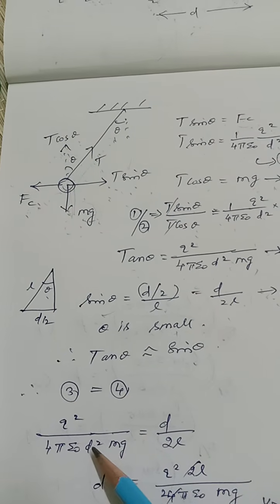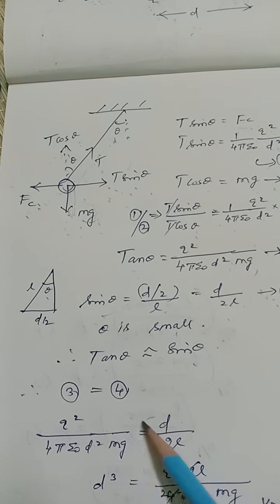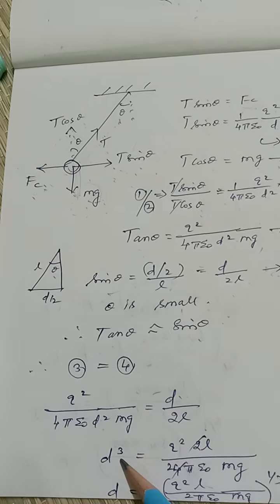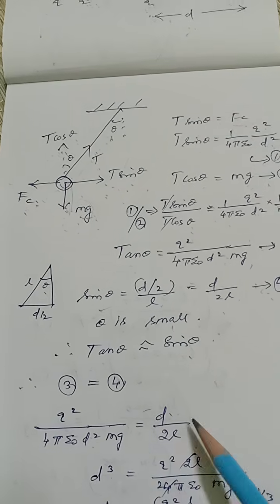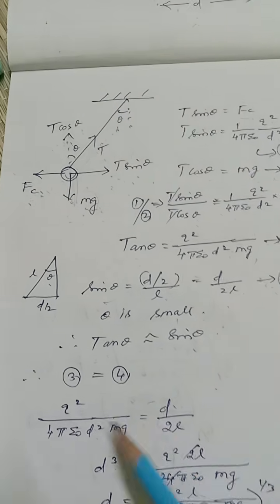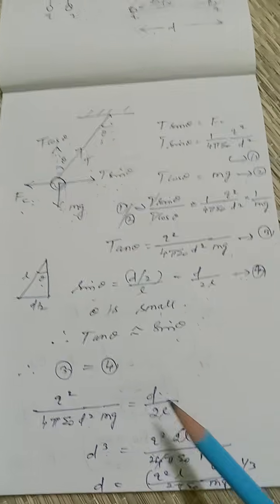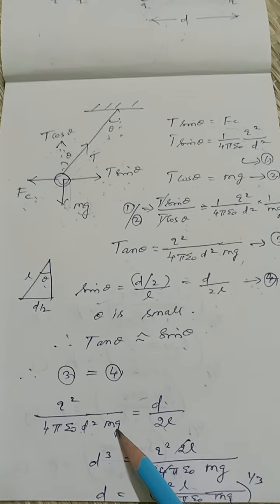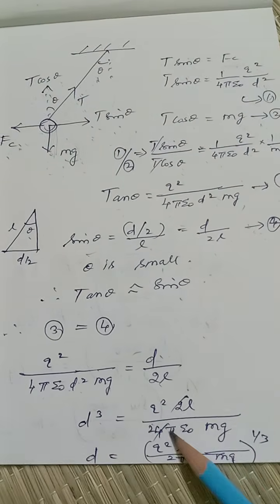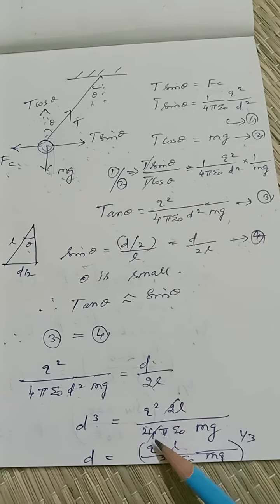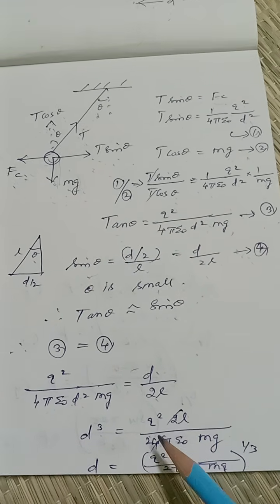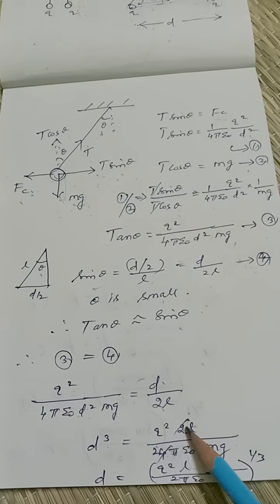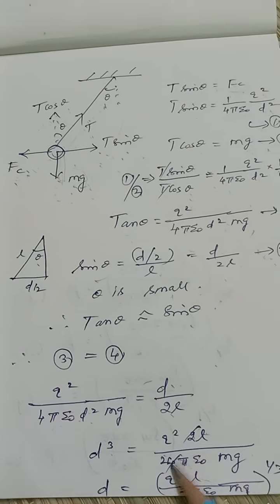If you cross multiply these things, d squared into d, you will get d cube equal to, with all the other things brought to one side, q squared into 2l, and in the denominator 4 pi epsilon naught mg. This 2 and 4, how many times 2 is there, so these get cancelled and here you will get 2.